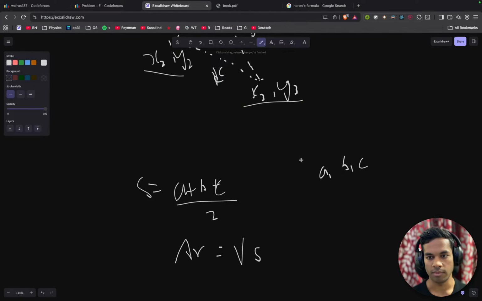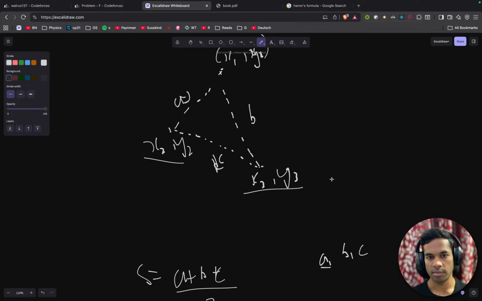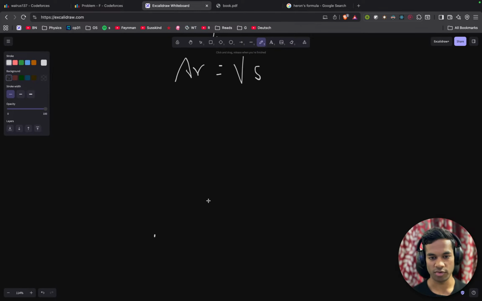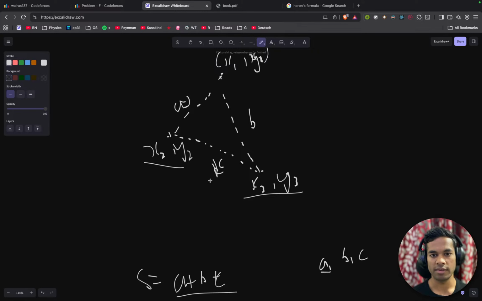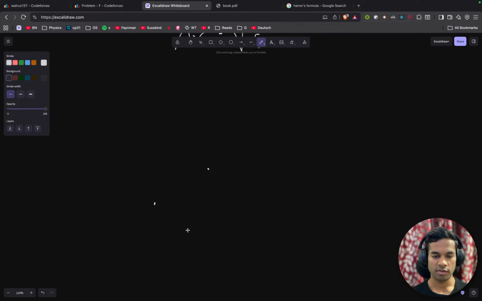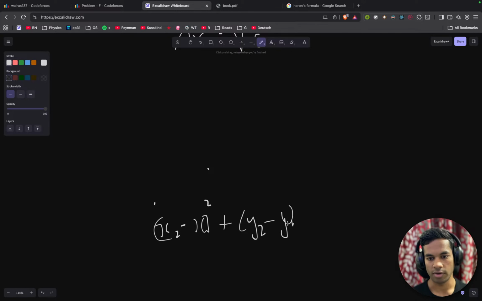To calculate A, B, C, now we have reduced the problem even further. We have been given 2 points, we have to calculate the distance between them, which is just x2 minus x1 whole square plus y2 minus y1 whole square, whole under root.